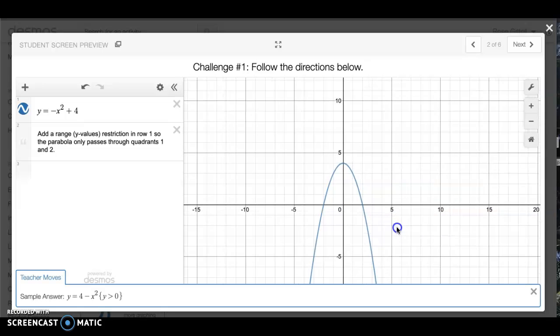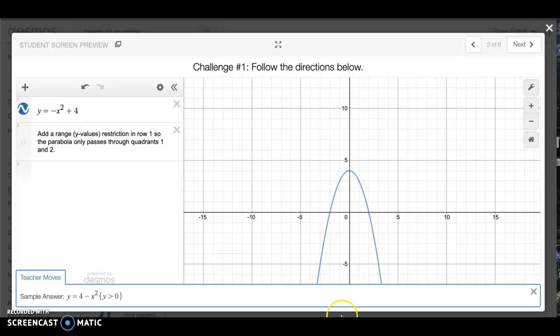If we look at a graph like this, we have the y-axis and the x-axis, and it divides the coordinate plane into these 4 quadrants. We give them numbers so we can talk about the coordinate plane more easily. We call this quadrant 1.